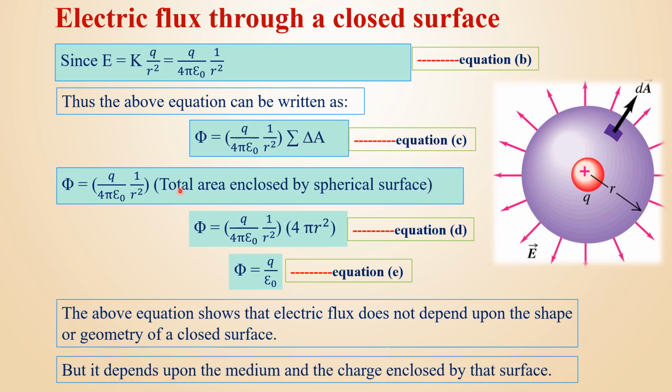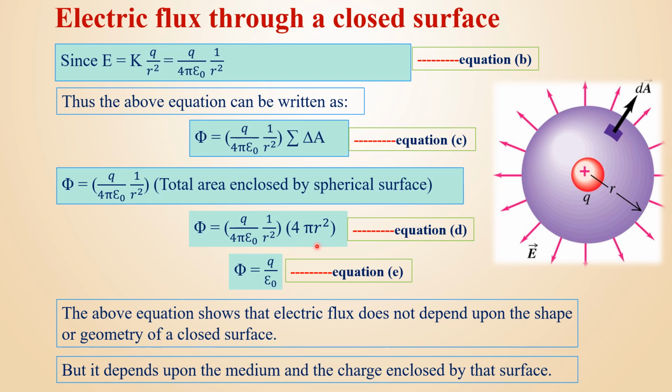In equation C, summation delta A is the total area enclosed by the spherical surface and it is equal to 4 pi r square. Putting the value of summation delta A equal to 4 pi r square into equation C, we get equation D, which is phi equals q upon 4 pi epsilon naught into 1 upon r square into 4 pi r square.